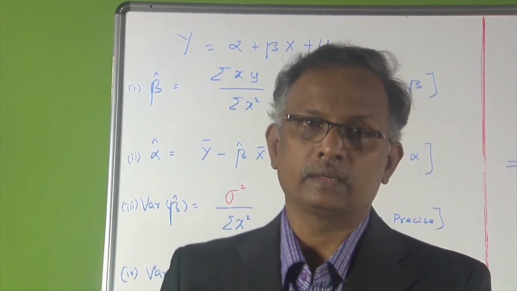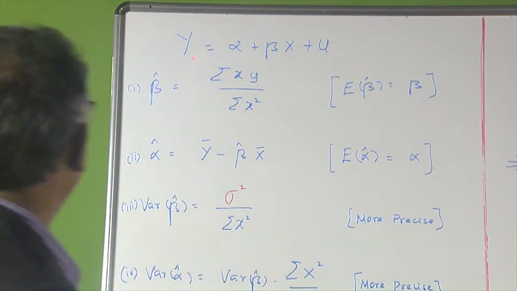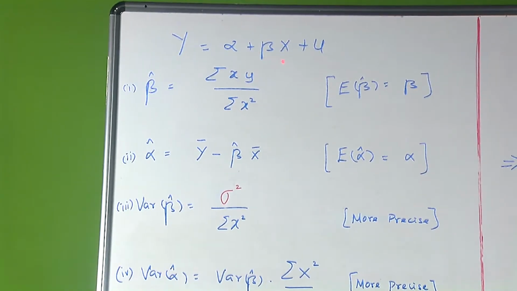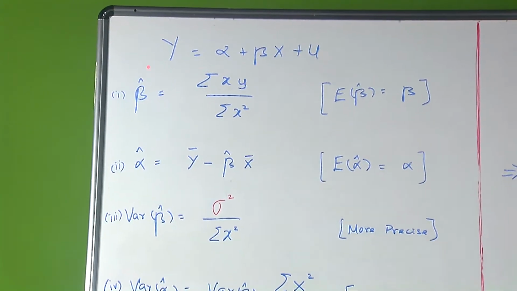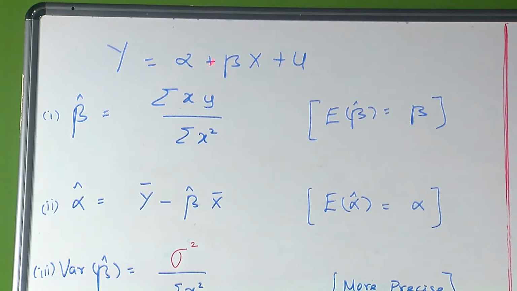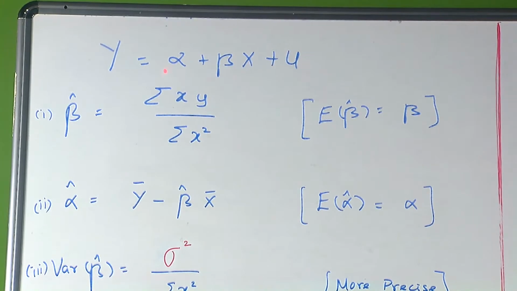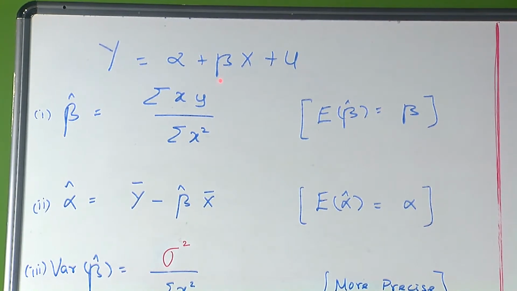Now let us consider a simple linear regression model. Y equal to alpha plus beta x plus u. To estimate the regression coefficients alpha, beta, we derived using the OLS principles alpha hat and beta hat. Throughout our discussion, alpha hat and beta hat are the notations for OLS estimators.